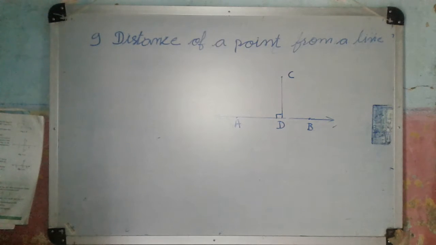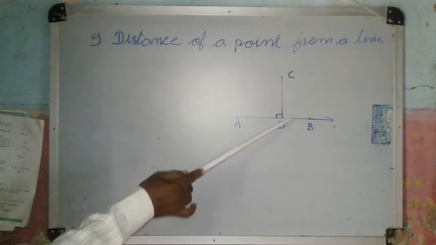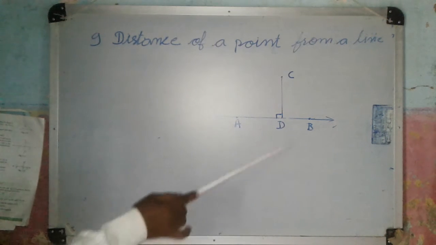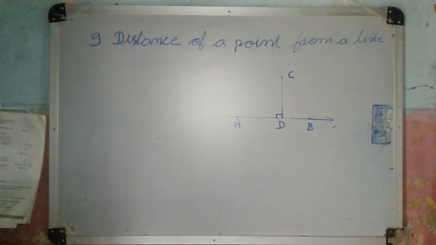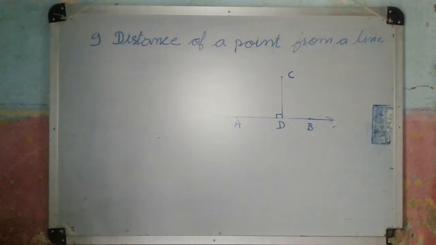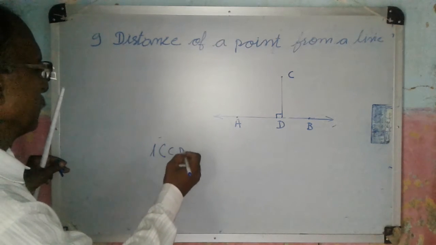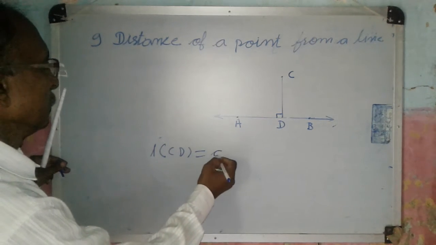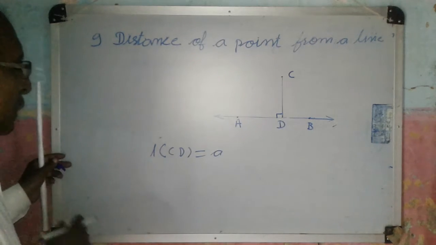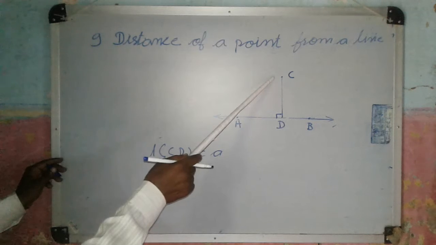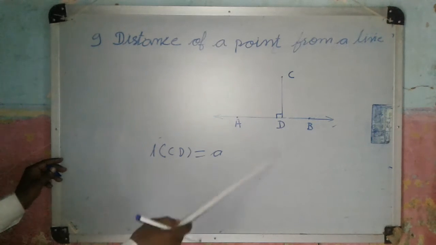This point D is called the foot of the perpendicular. And suppose this distance, the length of CD, is a, then we can say that point C is at distance a from line AB.